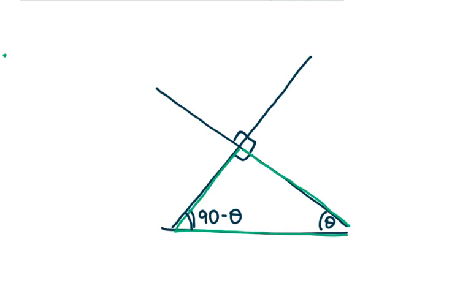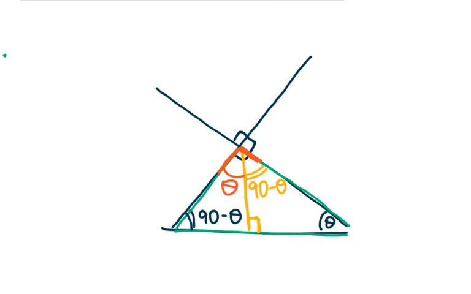Then I'm going to drop this line right here. Now this one is 90 degrees. Then this angle is 90 minus theta. But the whole right angle right here was 90. That means this angle must be theta.